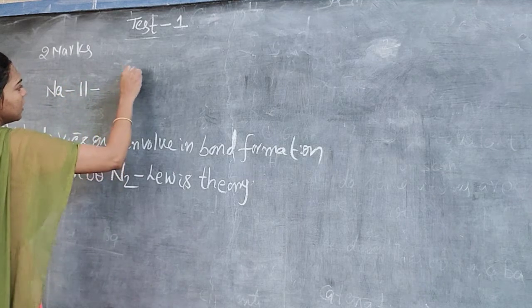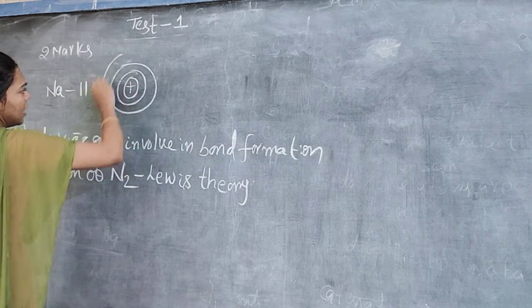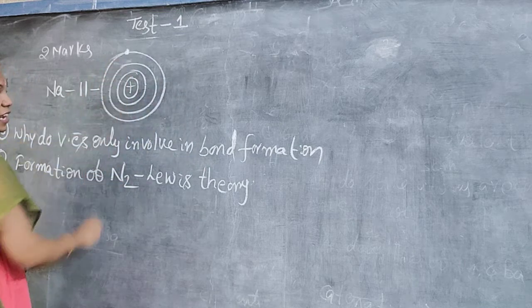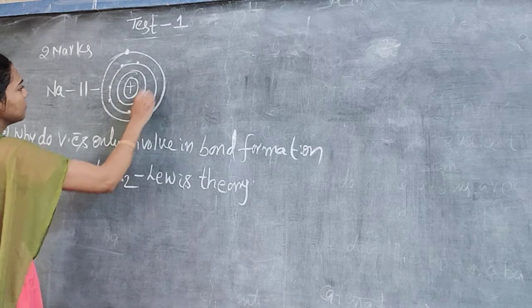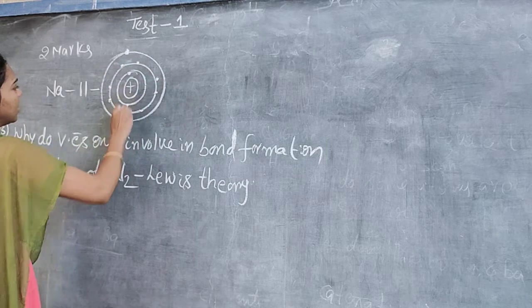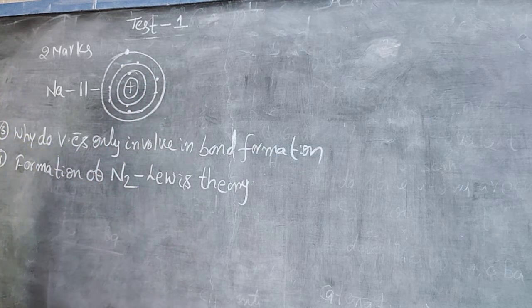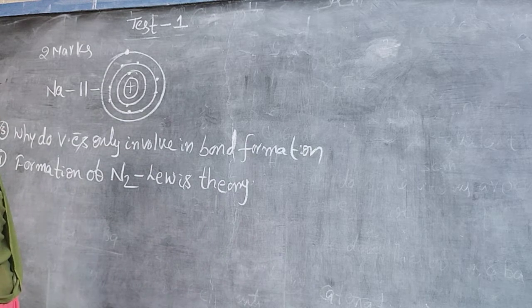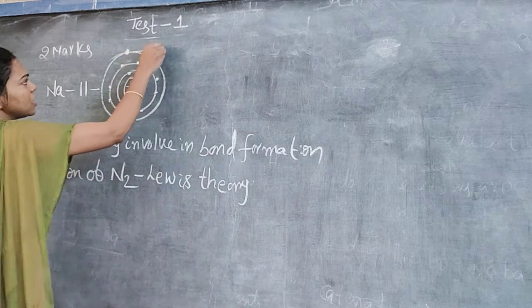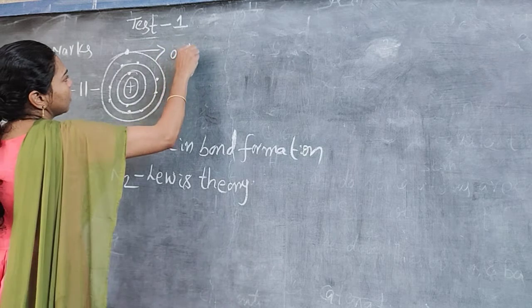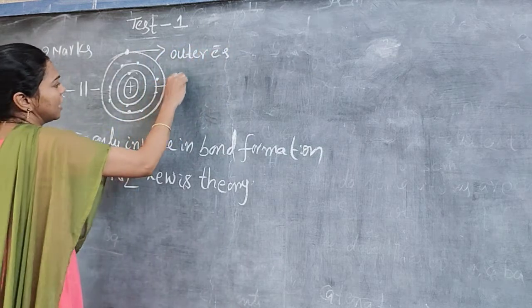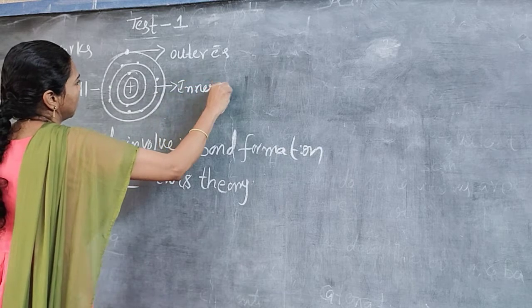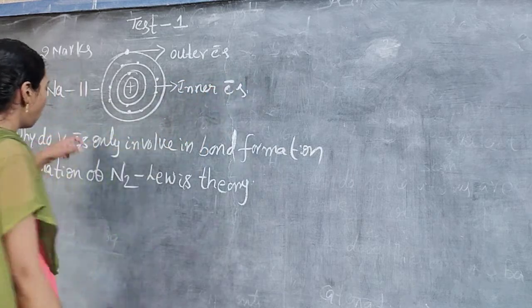This is the nucleus, with shells K, L, M. In the M shell, 1 electron is there; in the L, 8 electrons; in the K, 2 electrons. That is 1s2, 2s2, 2p6, 3s1. This is the outer shell, the outer electron, and these are the inner shell electrons.